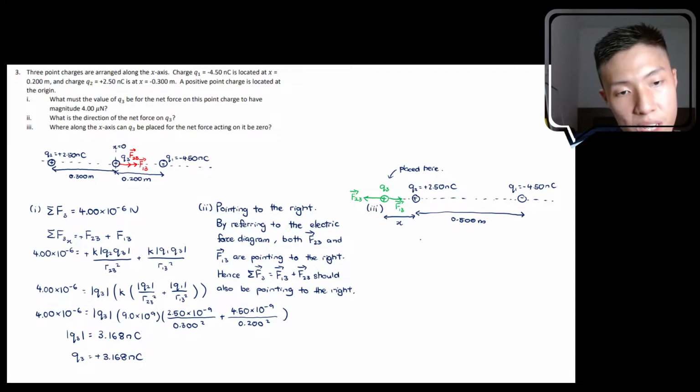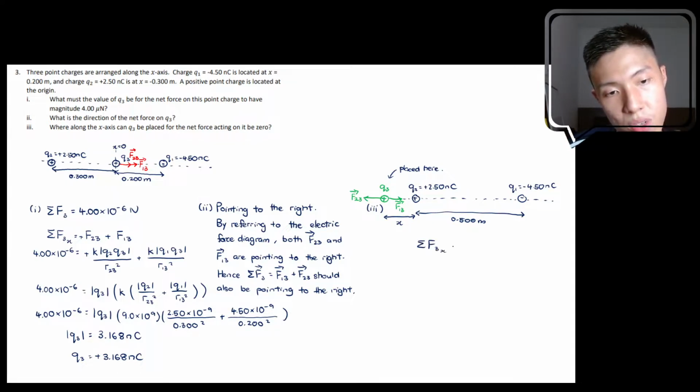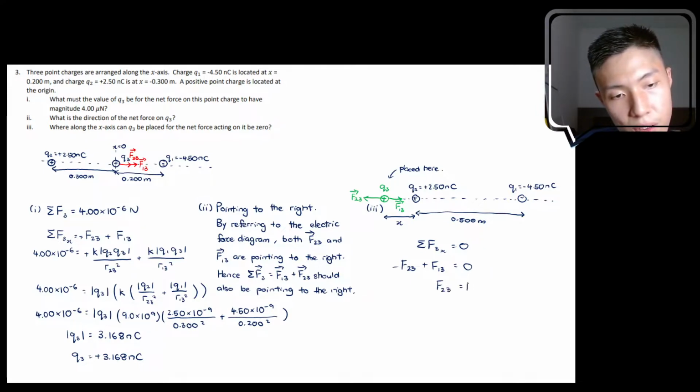Here we want the sum of force acting on charge 3 to be equal to 0 in the x component. F23 is pointing to the left, F13 is pointing to the right. Therefore F23 should be equal to F13 for that to occur.